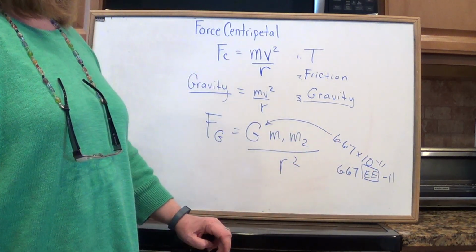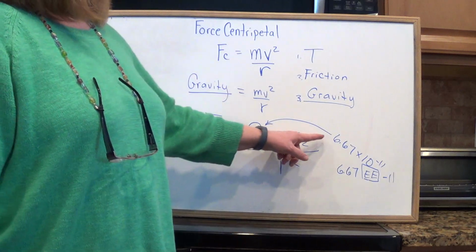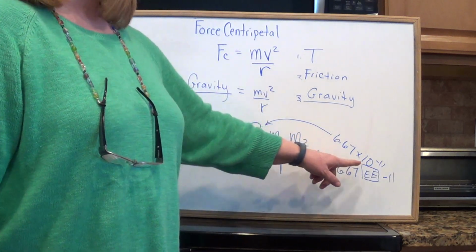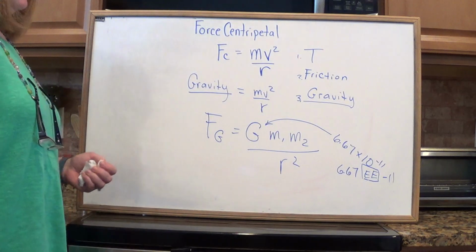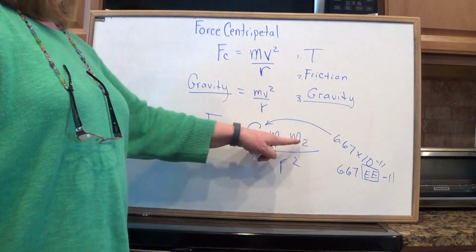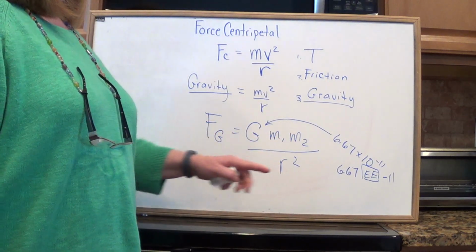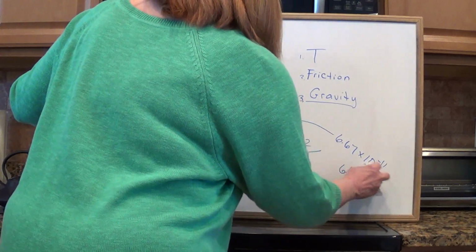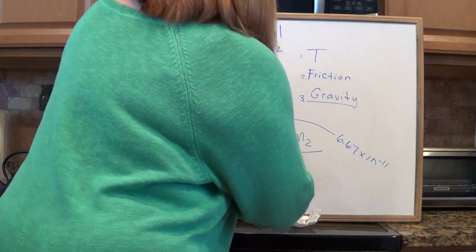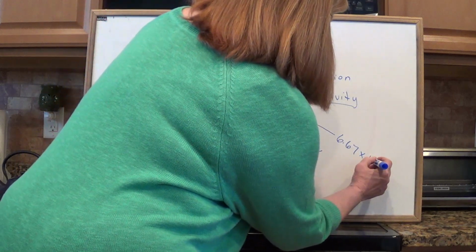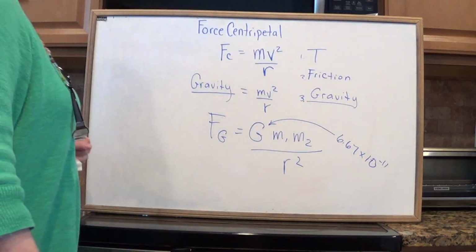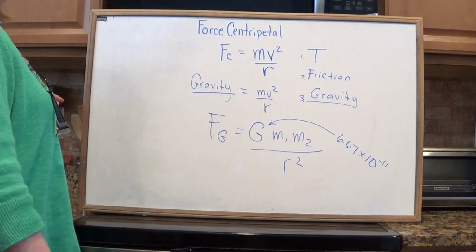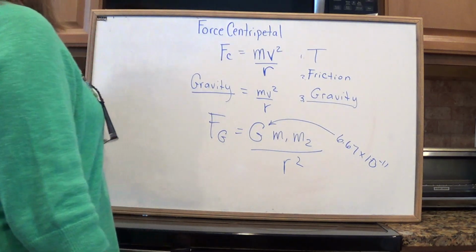So 6.67 EE minus 11 will tell the calculator this number. We'll be using large numbers like that, even here and here and here, so it's nice to use that little shortcut. I think I've mentioned that to you earlier this year. All right, 6.67 times 10 to the minus 11 is the constant for gravity.